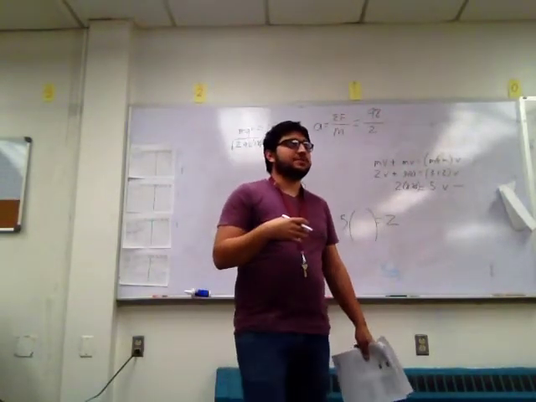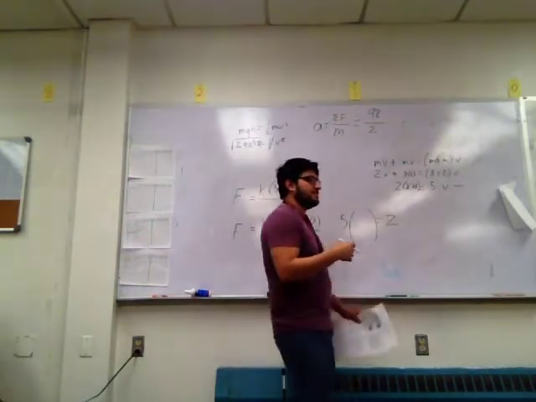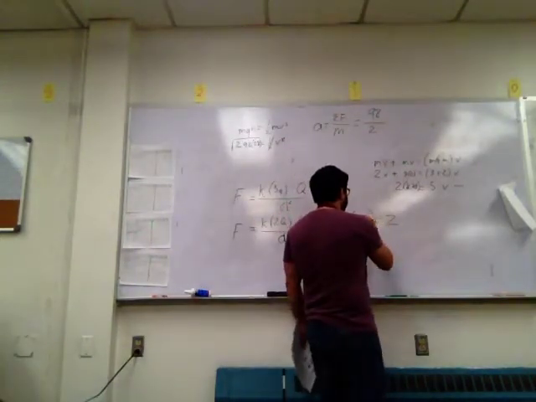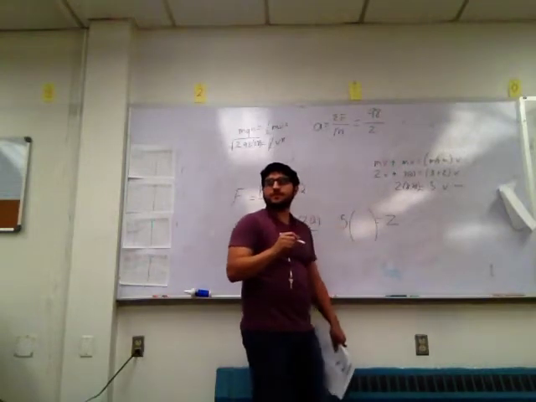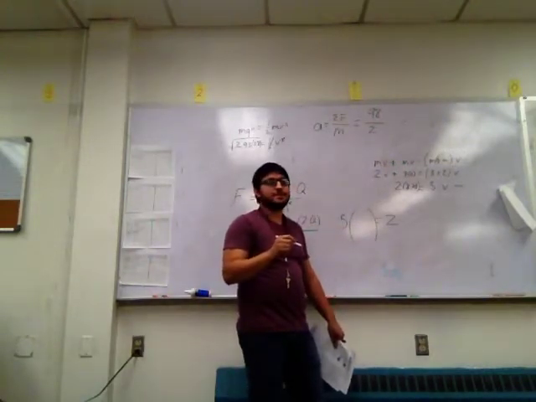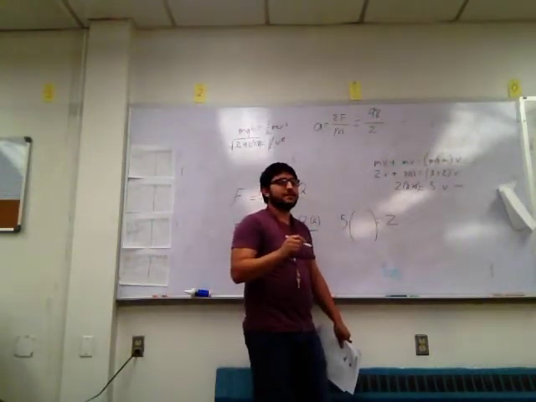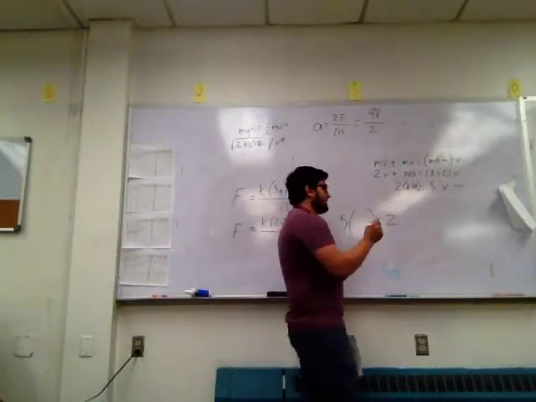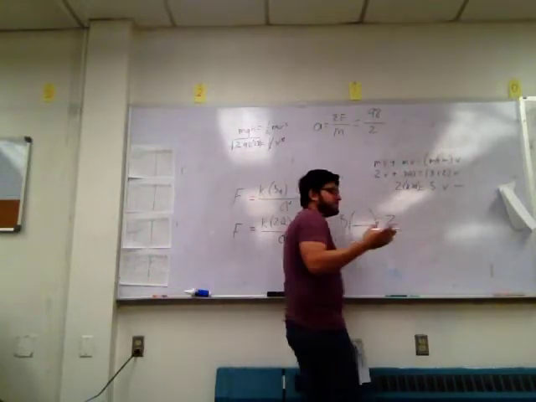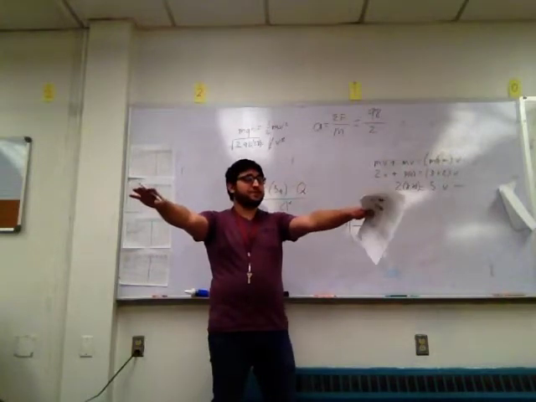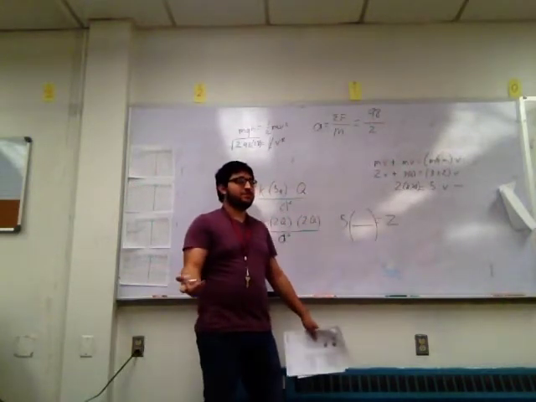Times 0.4. You guys are all saying 0.4? Yeah, in fractional form. This is the way I always do it. And however you guys got 0.4, because you guys are super badass, that's cool.